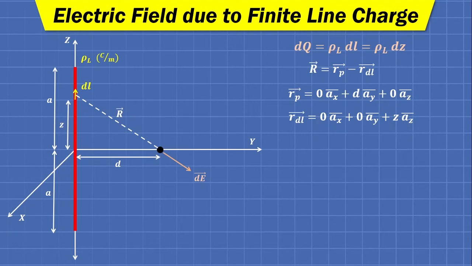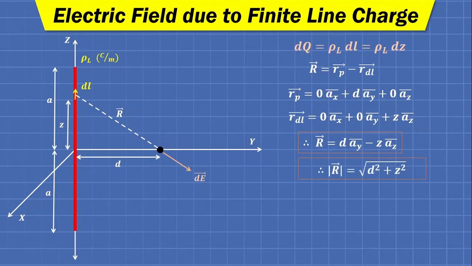As you can see, the differential length lies on the z-axis, hence its x and y components will be 0, and the z component will be the distance of dl from the origin, which is z in our case. Putting the values of rp bar and rdl bar in the equation of the distance vector, we will get the distance vector equals d ay bar minus z az bar.